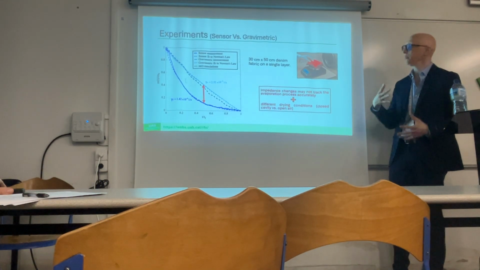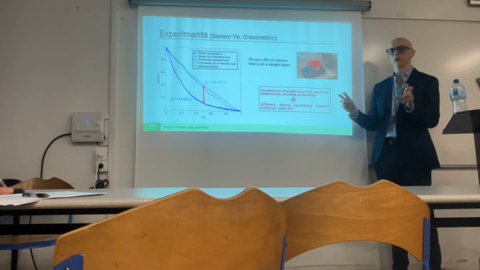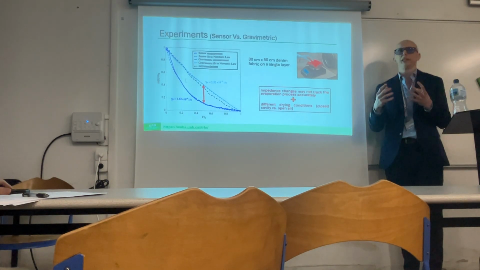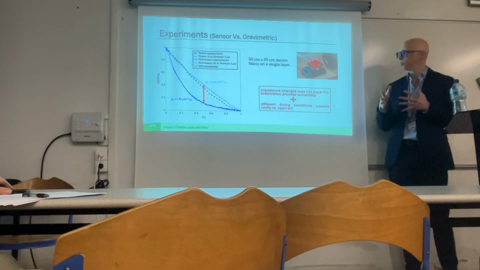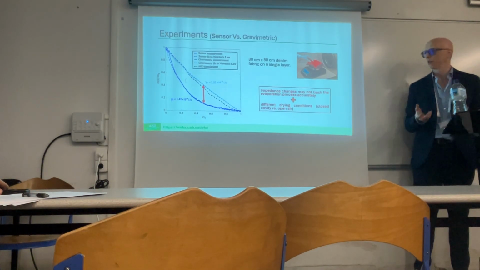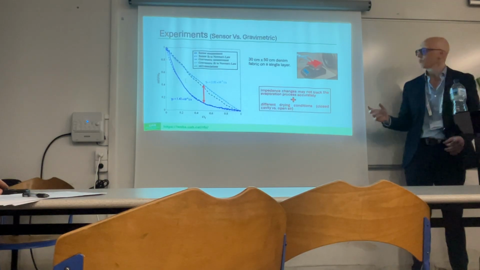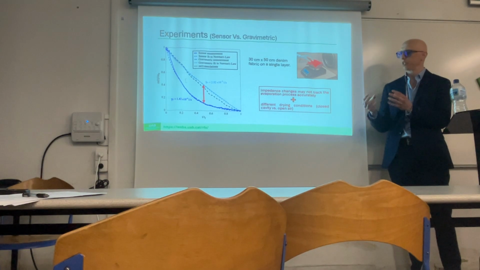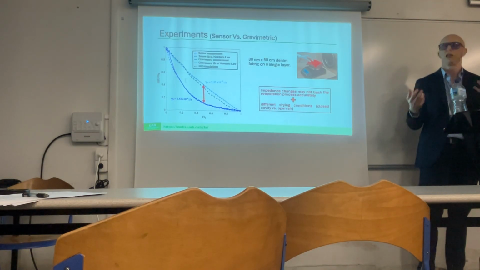We found out the most probable reasons were two. First, the impedance matching is not a linear process, so the impedance changes may not track the evaporation process accurately. And also, we need to consider that the experimental conditions were different.